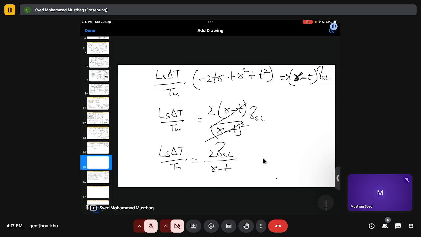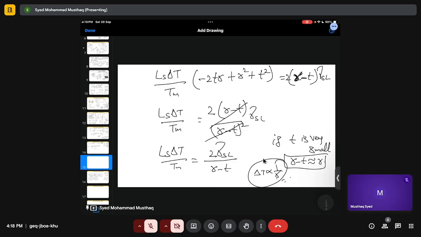And if my T is very small, R minus T can be approximately taken as R. Then delta T is inversely proportional to R, that is, proportional to 1 by R. That's it.